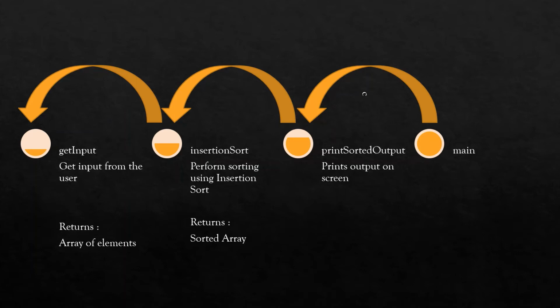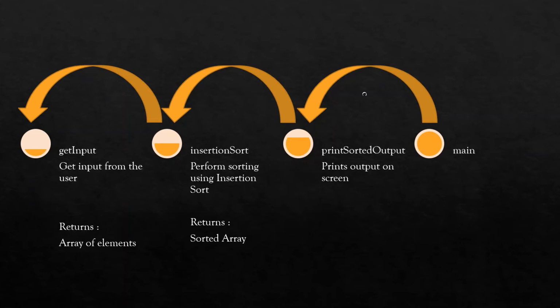So now insertion sort gets an array of elements from the getInput function. Using this array of elements, insertion sort performs the sorting operation. After sorting, it returns the sorted array to the function that called it, namely print sorted output.